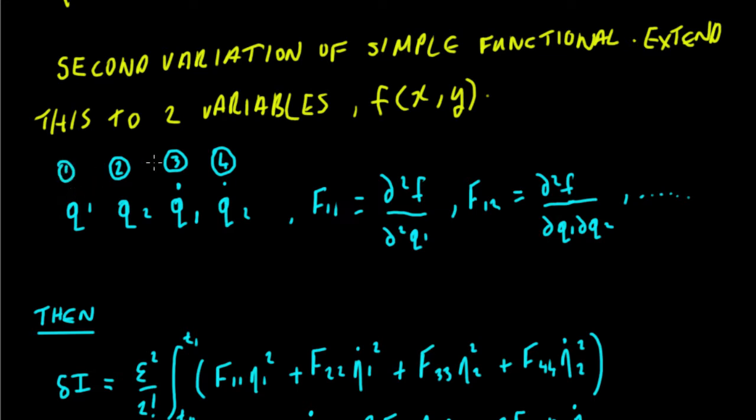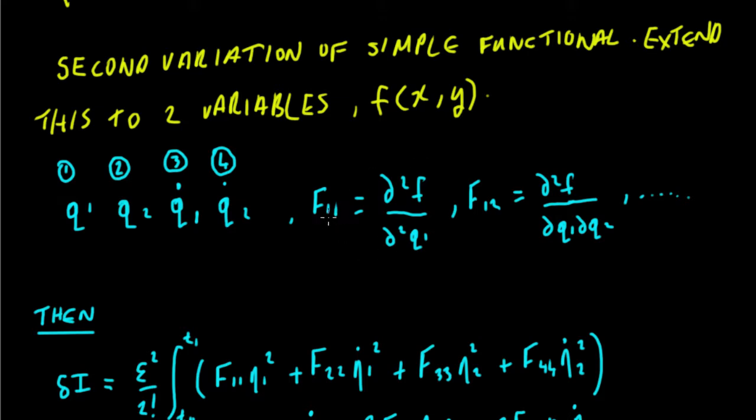So if we were to look initially at two variables x and y, then if we give the variables and the derivatives, we write them down in this format. If the first one is q1, the second one is q2, the third one is q1 derivative, and the fourth one is q2 derivative, then we could write down the variations in this form.